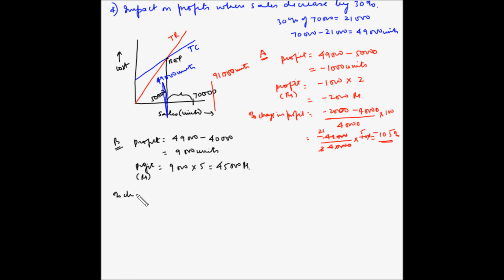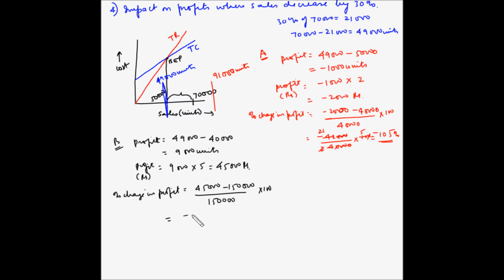Now percentage change in profits is the new profit, which is 45,000, minus the old profit, which is 150,000, divided by the old profit, which is 150,000, multiplied by 100.